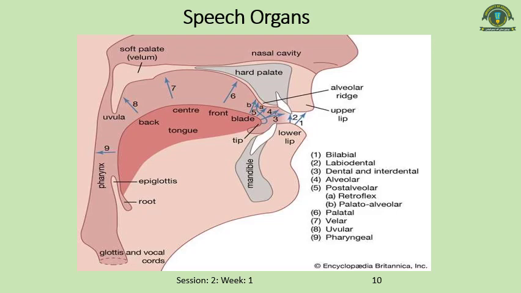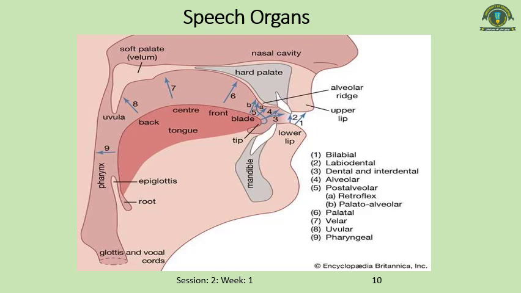You understand glottis and vocal cords, but I want you to just focus on your lips. That is number one. You have got upper lip and lower lip. All right. Then you can see the alveolar ridge. Now, alveolar ridge, what is that?